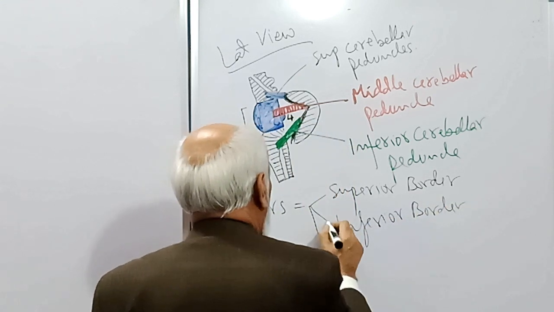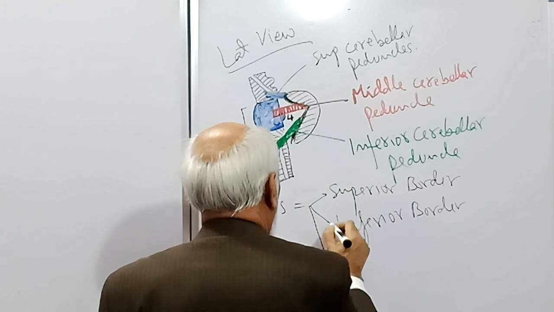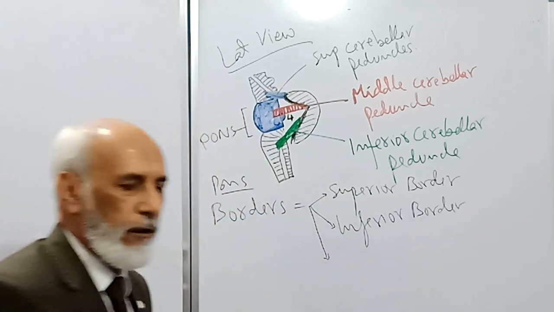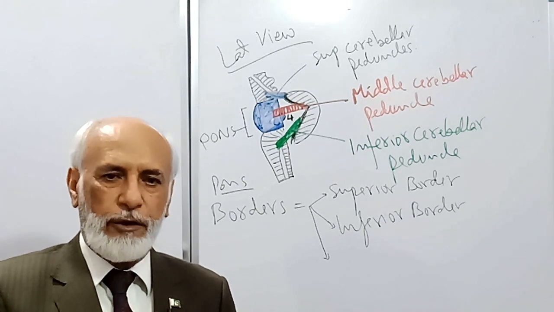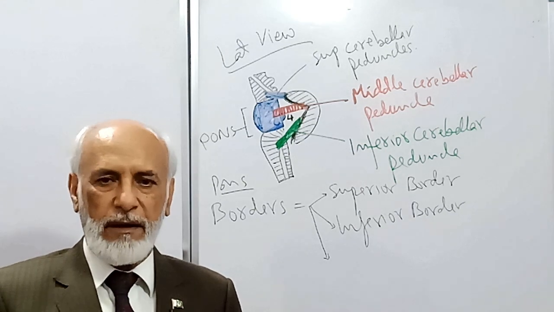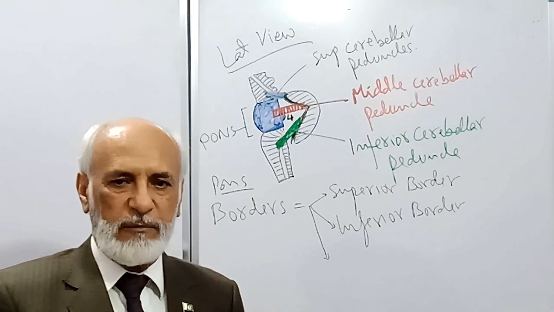Now there is a lateral border also, at which the pons is continuous with the middle cerebellar peduncle, and which is not well defined, but I will explain later on.